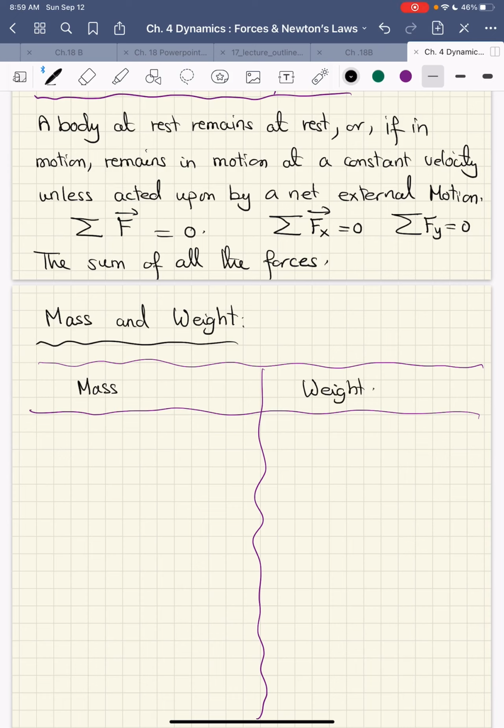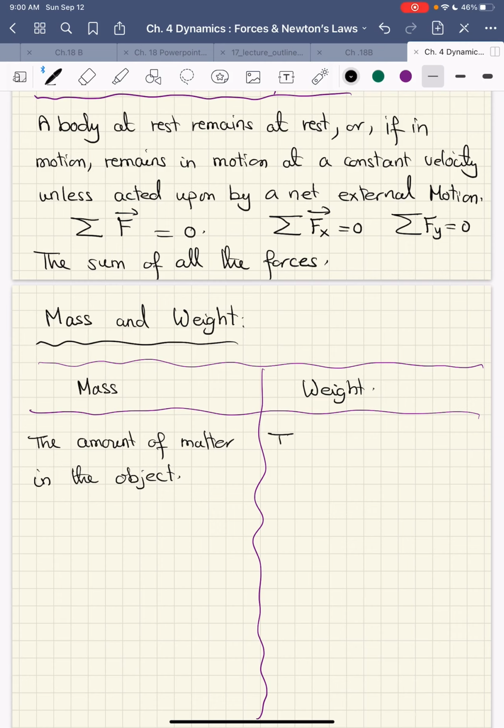Now the mass, its definition, is the amount of matter in the object. If you have a 5 kilogram aluminum thing, it has 5 kilograms of aluminum.